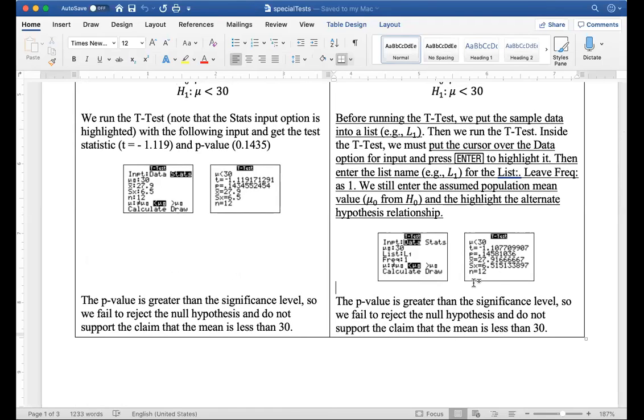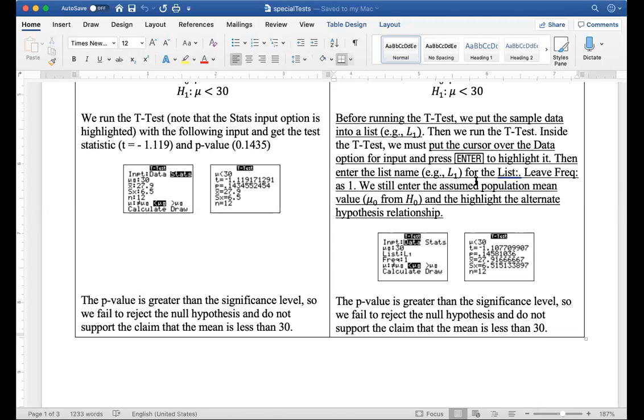But if you do not have the sample statistics, but you do have the sample values, then you're going to select data instead of stats when you run the t-test, and you will have to put the data from the problem into a list.